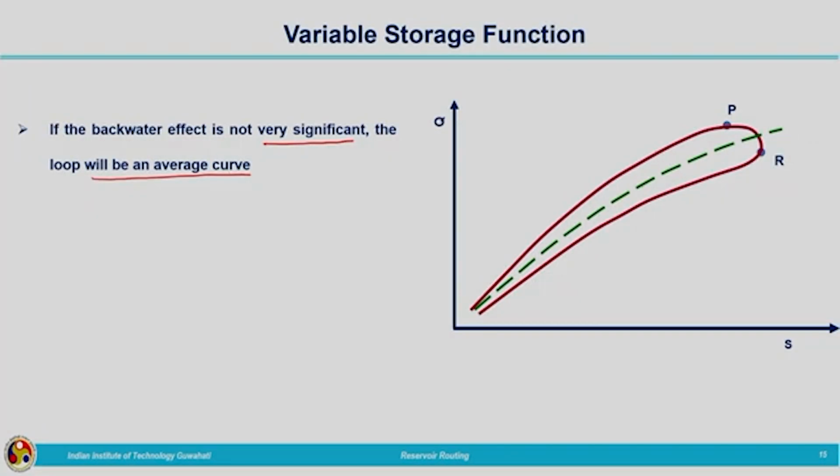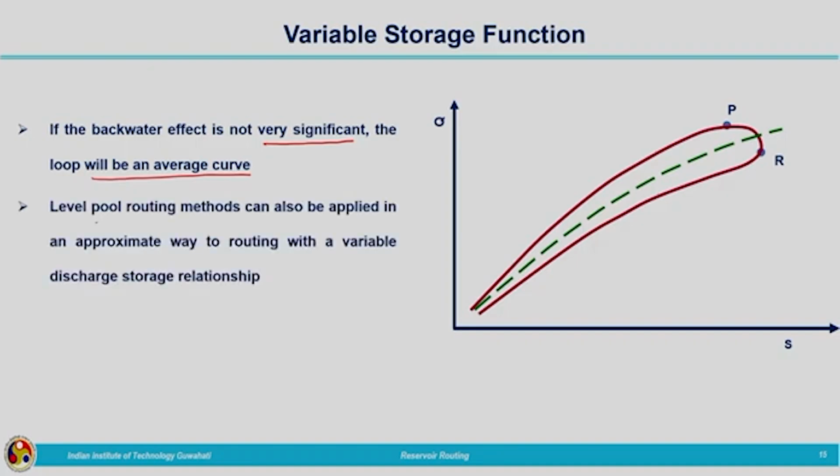That assumption can be made when the backwater effect is very small. Negligible backwater effect can be considered in such a way that it represents an average storage discharge curve. So, it can be drawn like this. The storage discharge function can be represented by means of this average curve.